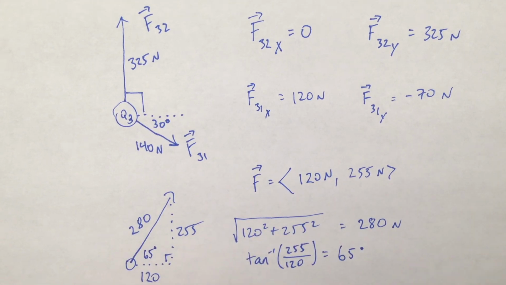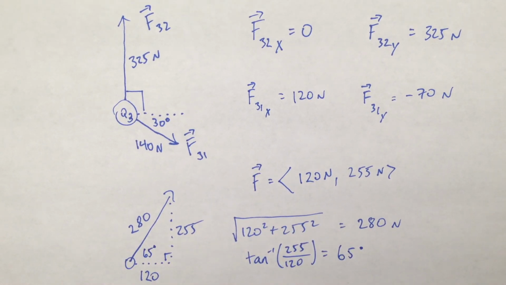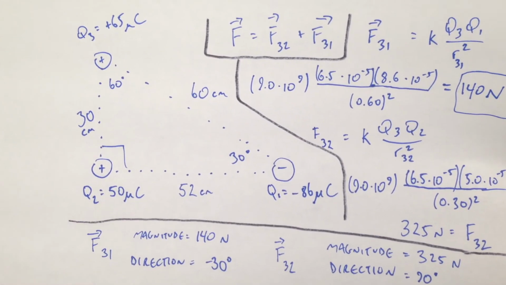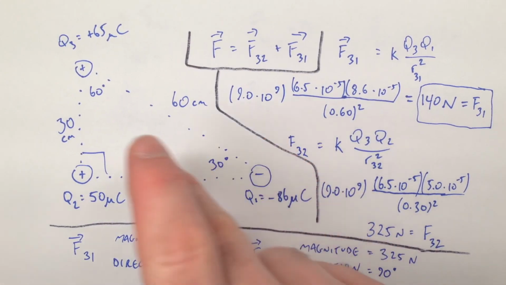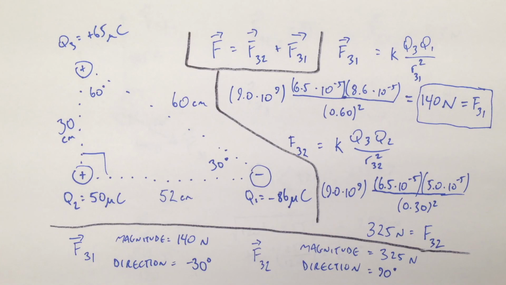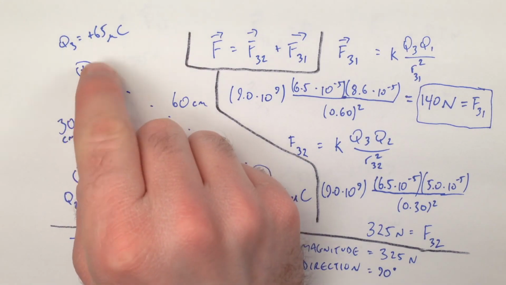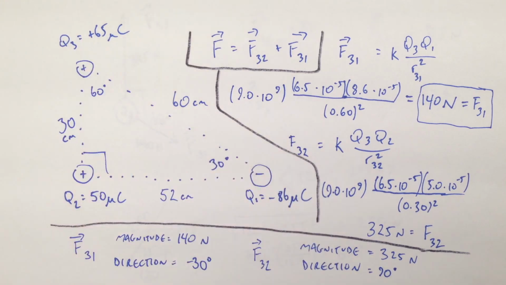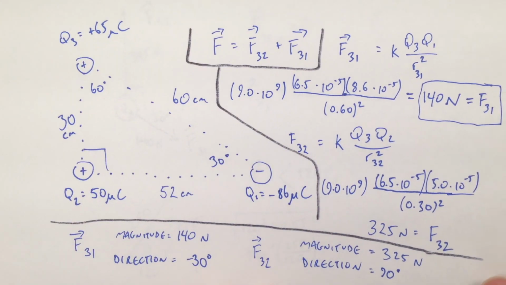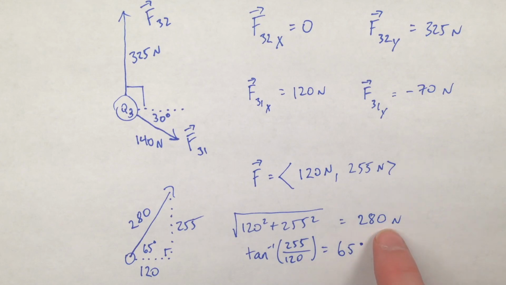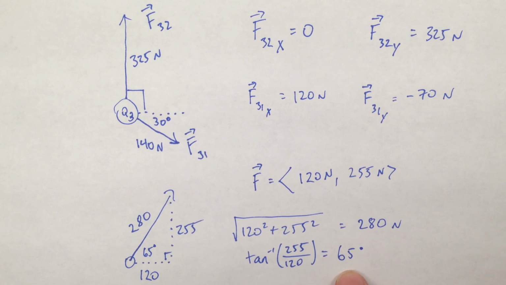Okay, so if we go back to the original question that was posed, these three charged particles, or these three charges in these locations, what is the total force on this? Well, the total force on that is 280 newtons in the 65-degree direction.